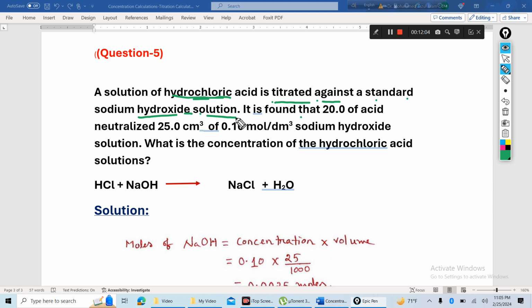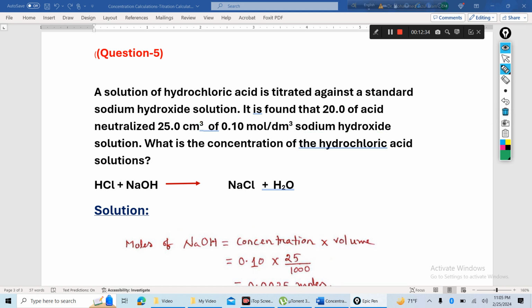It is found that 20 cm³ of acid neutralizes 25 cm³ of 0.10 mole per dm³ sodium hydroxide. What is the concentration of the hydrochloric acid solution?